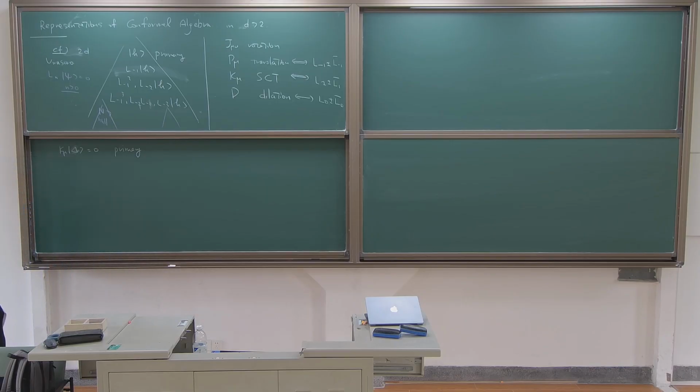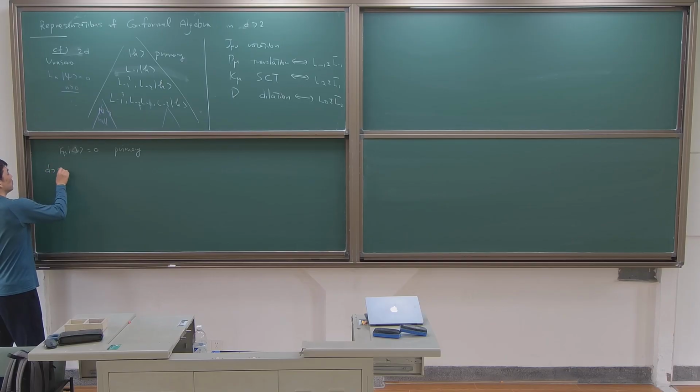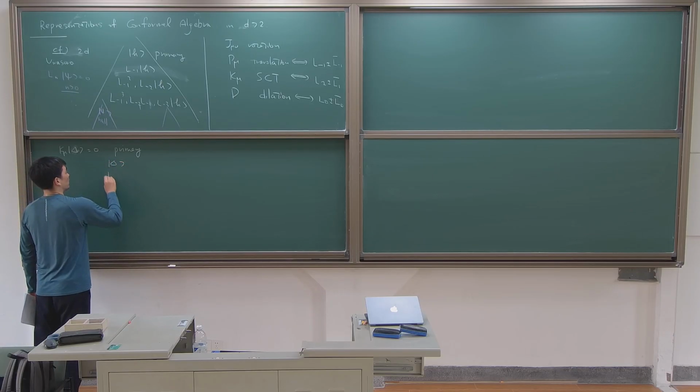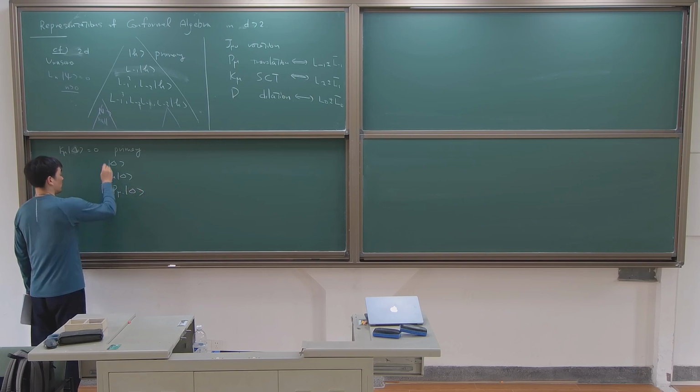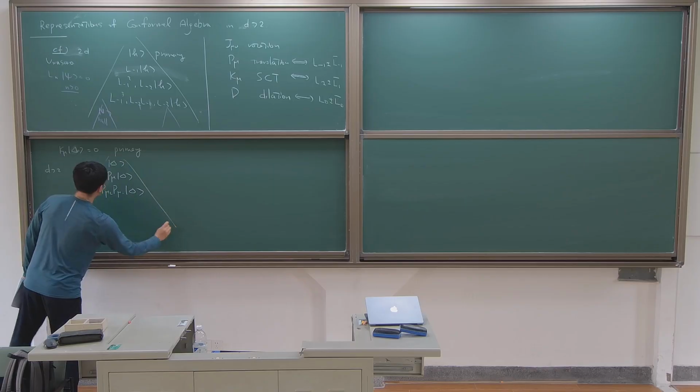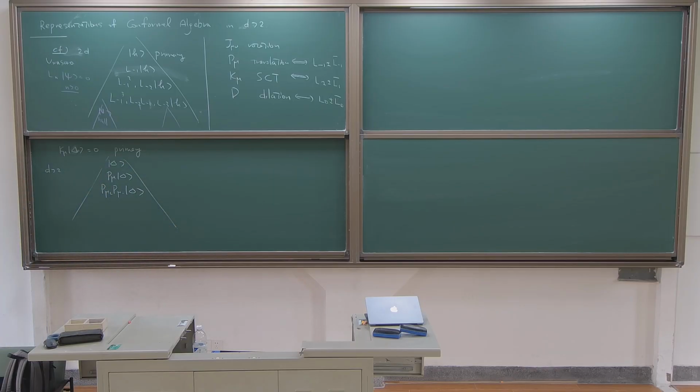So that's in high dimension, where d is greater than 2. To start with the primary state, we just act with lots of lowering operators, like this. So those correspond to the Verma module in high dimension.